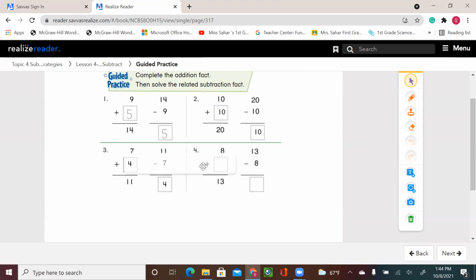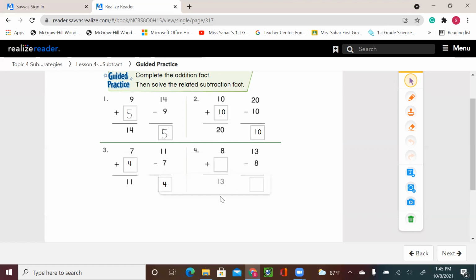Very good. Let's go for number 4. 8 plus a number gives you 13. Now you're asking yourself, my whole is 13, one part I know is 8. I need the missing part. So what do I add to 8 to have 13? Let's count on. After 8: 9, 10, 11, 12, 13.